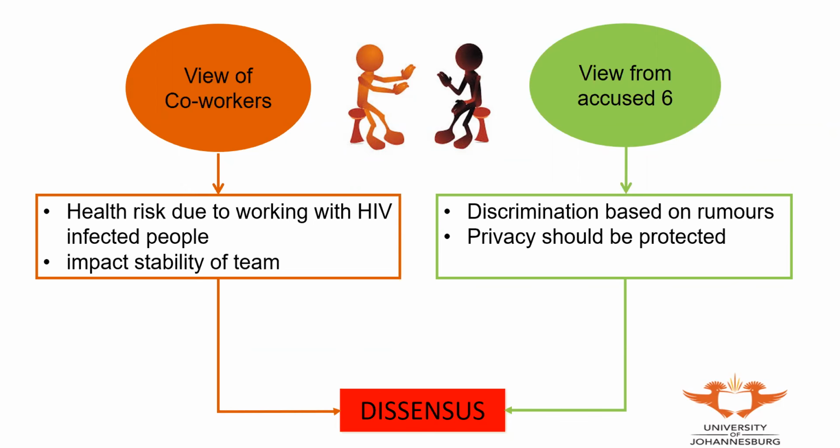When we are busy with our assessment, we need to say, okay, I've identified the two parties. The next thing is I need to look at what exactly the arguments are from both parties. And that is what results in the dissensus part. This is where we're seeing the difference, or where the argument is actually coming about.